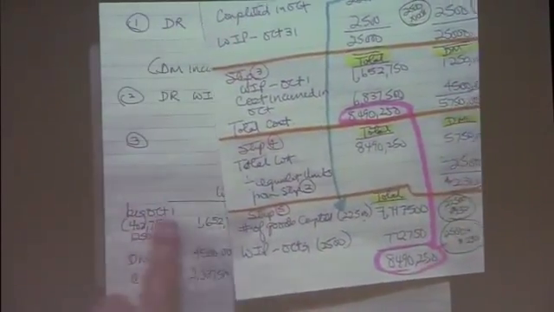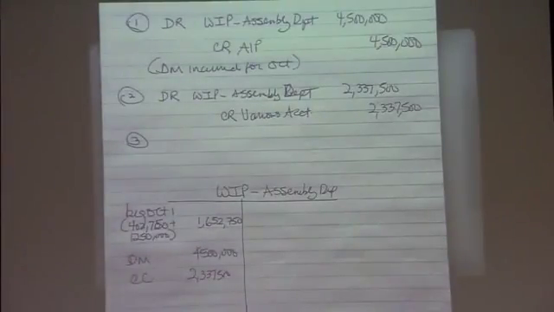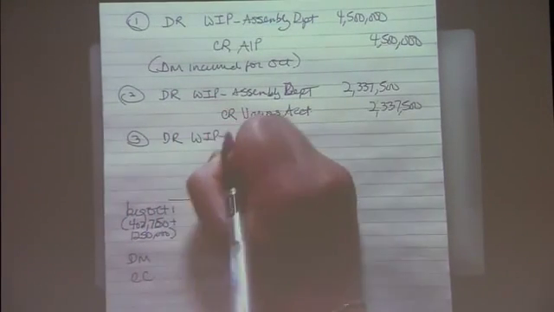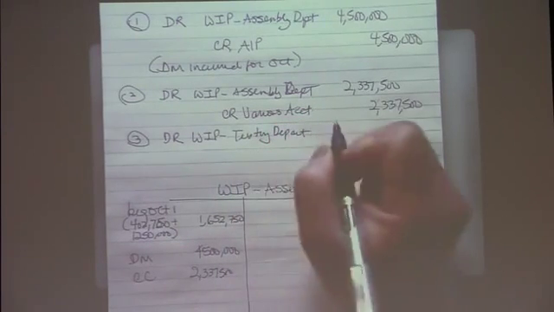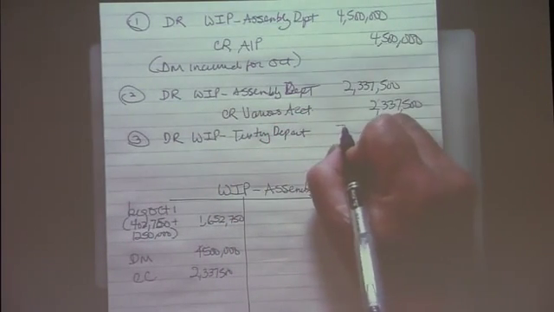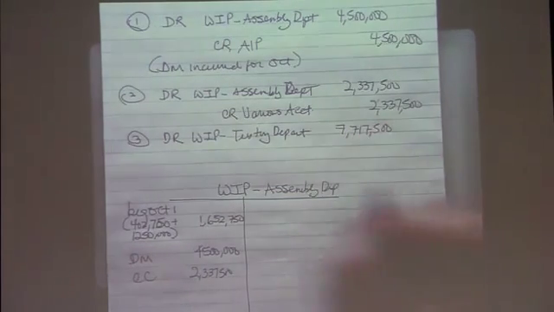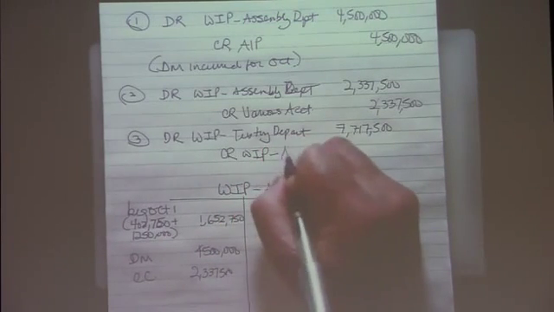Now we're trying to figure out how much of this 8 million we're going to allocate. That one is already goods completed. That's the number we need. So we're going to debit work in progress testing department, which is another T account, and that one was 7,717,500. And we're going to credit work in progress assembly department.